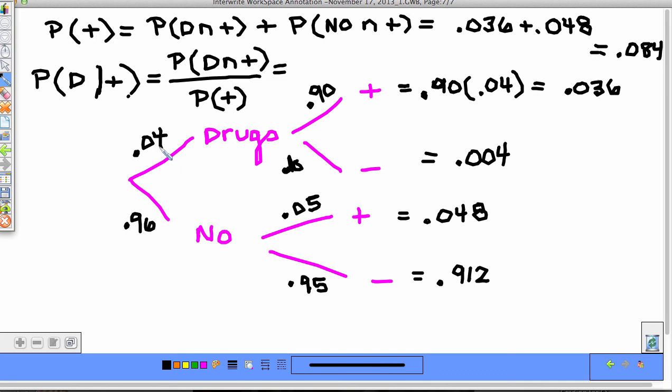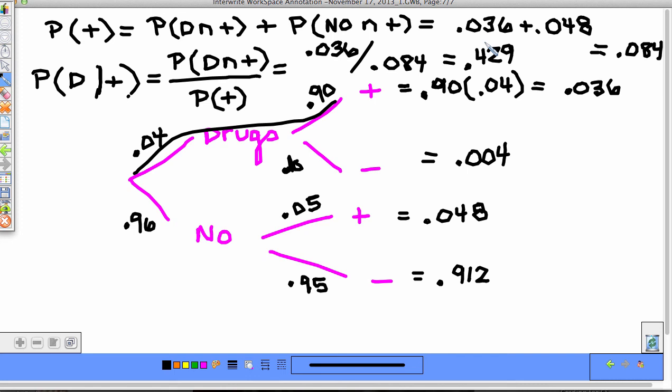I know this one because I just follow my line, 0.036. And I know this one because I just figured it out, 0.084. And when I actually do the division, I get 0.429. So only about 43% of the people who test positive actually take illegal drugs.